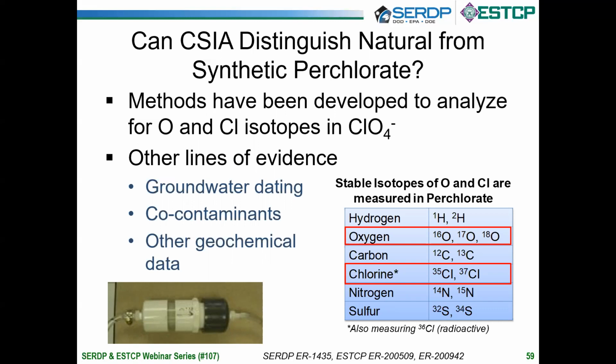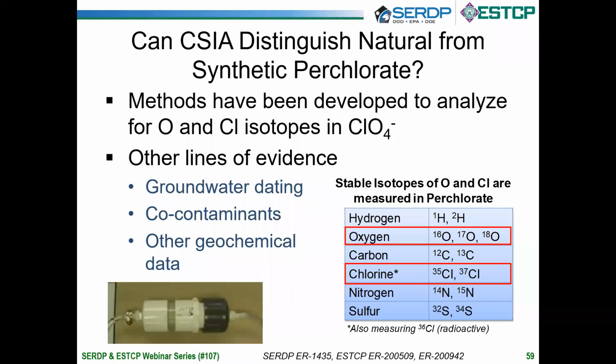And secondly, what's their occurrence, not only in the United States, but globally? Isotopically, very good methods were developed. Perchlorate, of course, is ClO4-, so we have isotopes of both oxygen and chlorine: there are multiple stable oxygen isotopes, as well as stable chlorine isotopes, and a radioactive isotope of chlorine that actually becomes somewhat important, but that's outside the scope at this point.